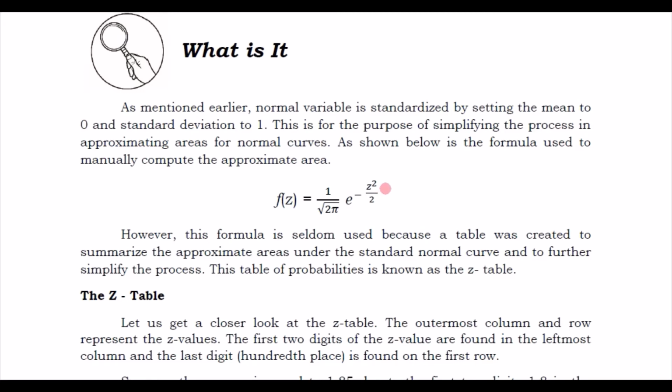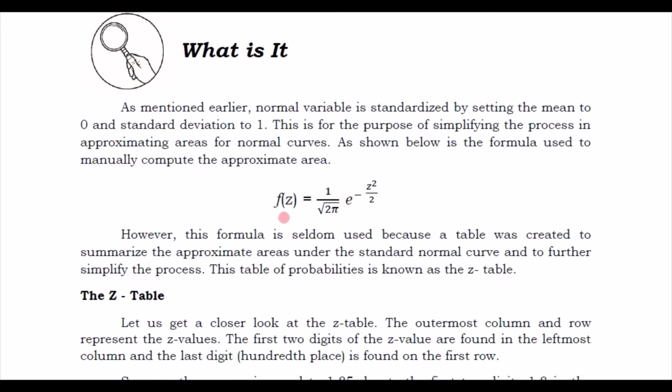Kasi kino-compute naman talaga yan. Okay? So, empirical rule, part of the property yon. Okay? Dito, what if hindi naman siya sakto? What if hindi naman siya sakto na 1 standard deviation away? So, paano mo malalaman yung sukat ng area? Okay? So, ang gagawin mo daw, you will use this formula.